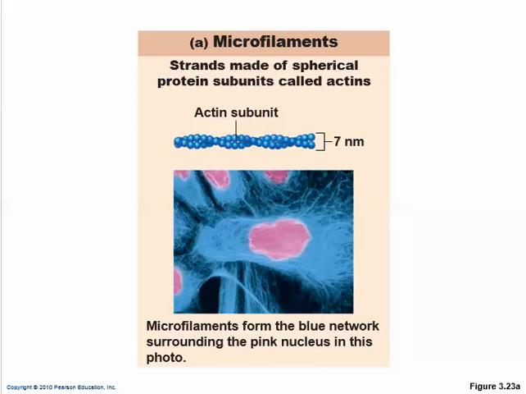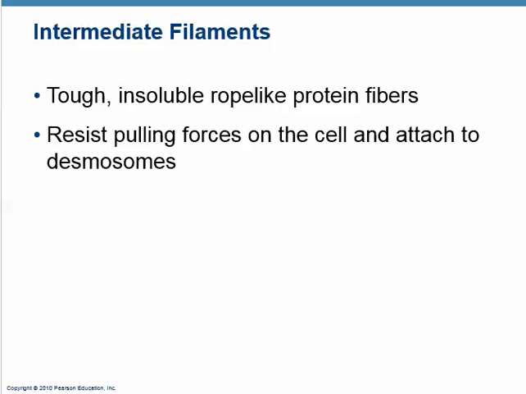In certain cells, like muscle cells, they have a much less random pattern. Intermediate filaments are really rope-like protein fibers, so they are for resisting pulling forces, tensile forces, and they attach to places on the cell membrane called desmosomes.